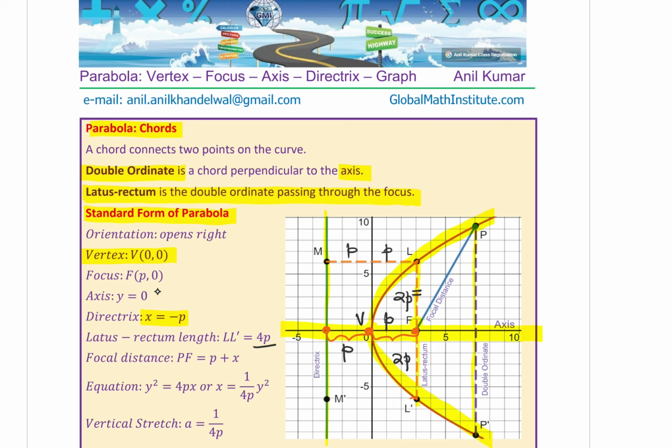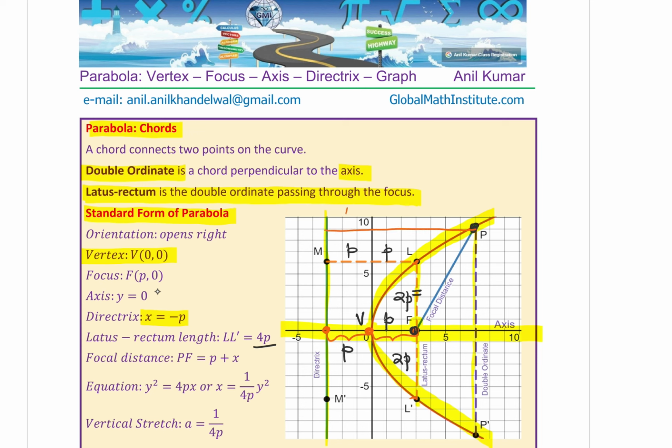Focal distance PF is equal to p plus x. As you can see here, the focal distance PF, which is from any point on the parabola to the focus, is equal to the same distance from the vertical line.